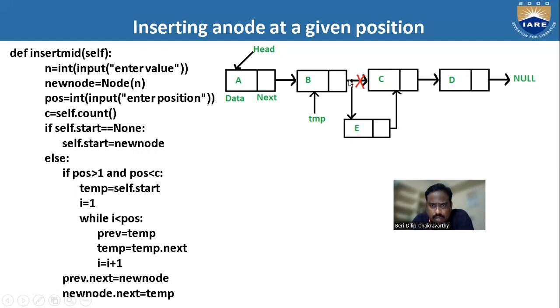I'll simply break this link, and here I am going to store the address of E and here the address of C. Very simple thing: I am removing the address of C from here, because the address of C is actually placed here. So now I am trying to insert a node in between B and C. I am taking a node E. I'll remove this link and the address of E will be stored here, and the address of C will be stored here.